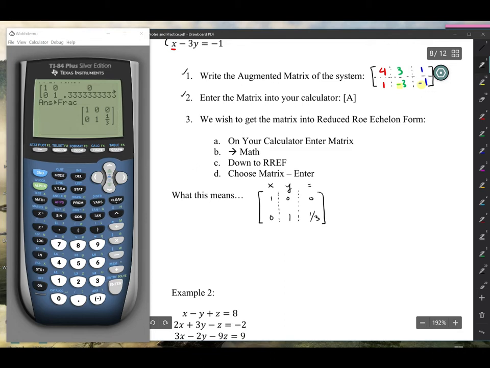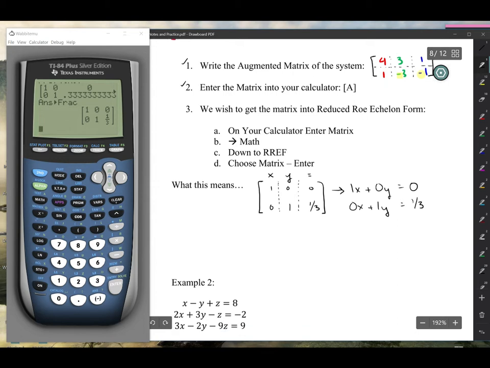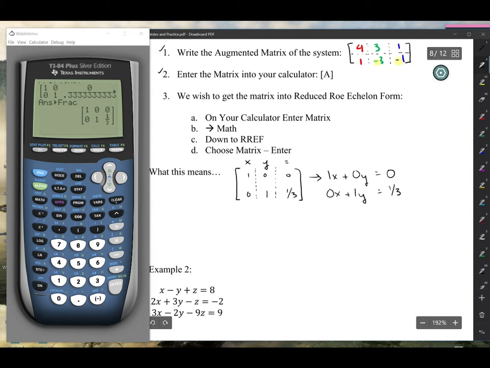So if we were to put this back into algebraic terms, we have 1x plus 0y equals 0, and we have 0x plus 1y is equal to 1/3. Now, if you haven't already caught on, 0y doesn't really exist, nor does 0x.